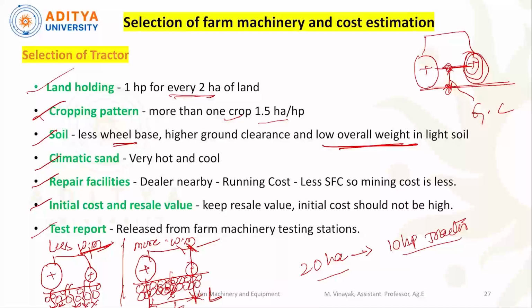So just now I explained the weight of the machine and how it affects the soil. So based on the wheelbase, low ground clearance and less weight of the machine, that is the most preferred one.